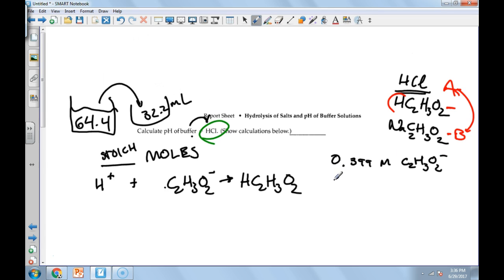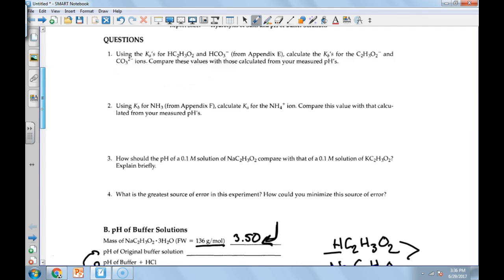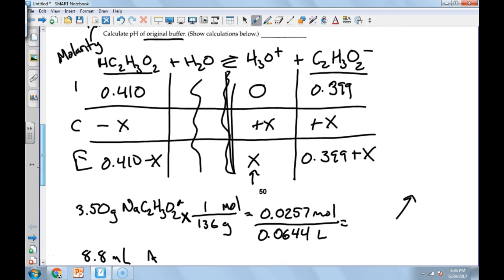There's a 0 in front of that. And 0.410 molar acid, HC2H3O2. Let me double check, make sure that's right. I always double check this. Okay, so acetate and then acid.